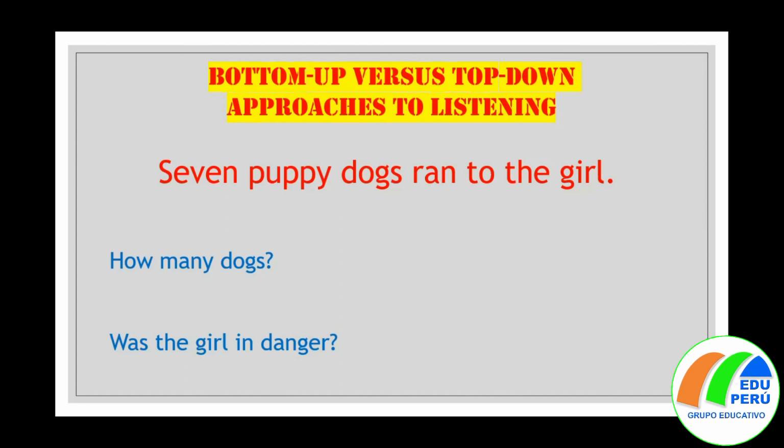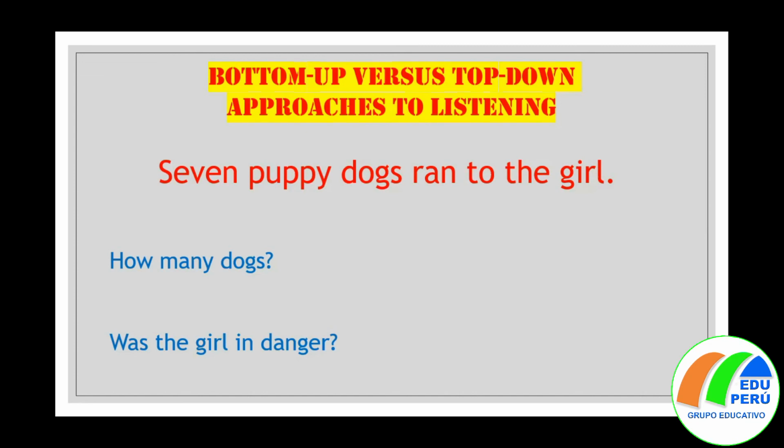So my purpose is to recognize: notice, what are you using? The knowledge that you have about the world, right? Puppy is referring to little dogs, cute dogs, small ones. You want to touch them, no? So maybe the girl is playing with them.